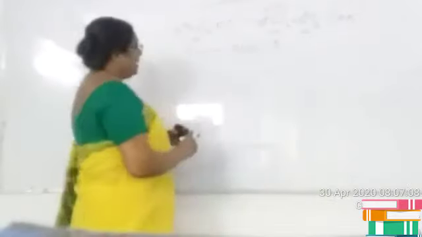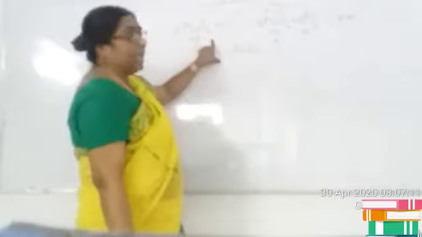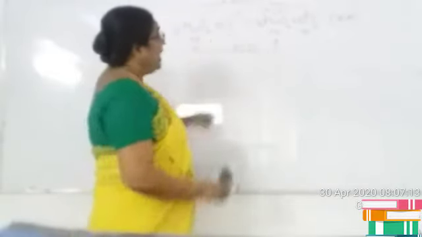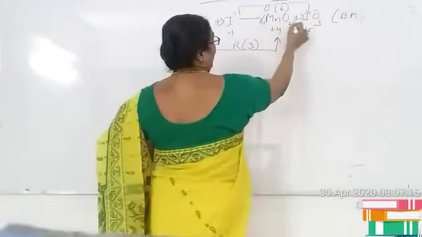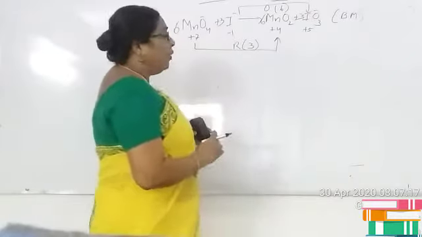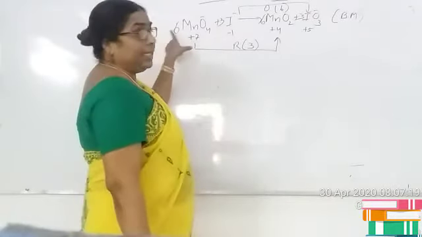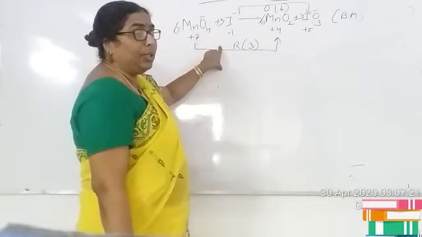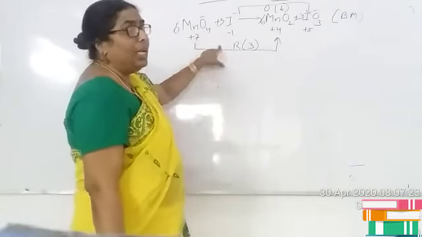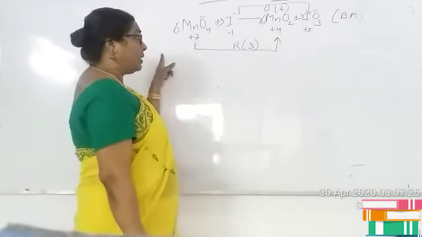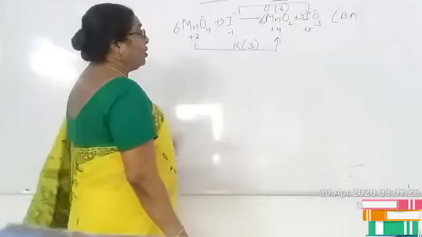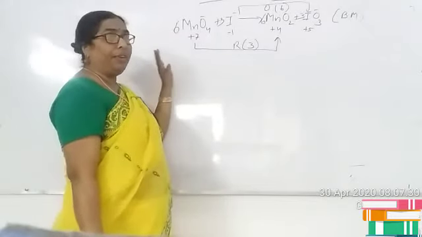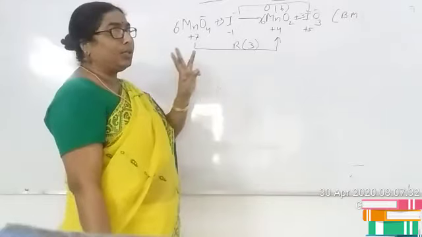Now there are 24 oxygen atoms on the reactant side and on the product side you can see 12 plus 9, that is 21 atoms. That means in case of basic medium you are supposed to provide water where there is an excess of oxygen, and the difference in the number of oxygen atoms is 3.